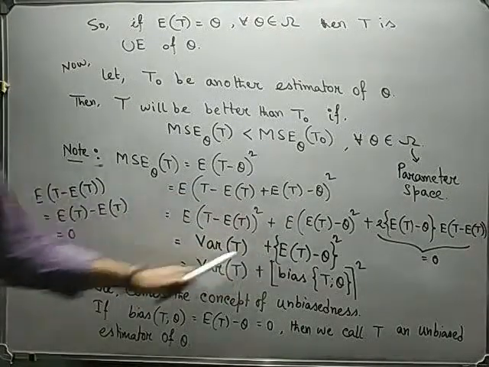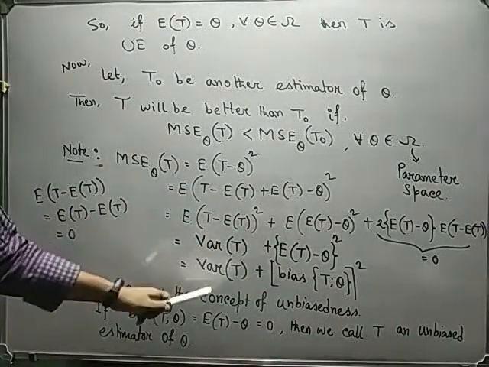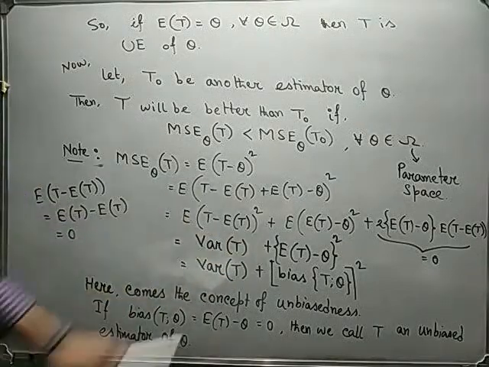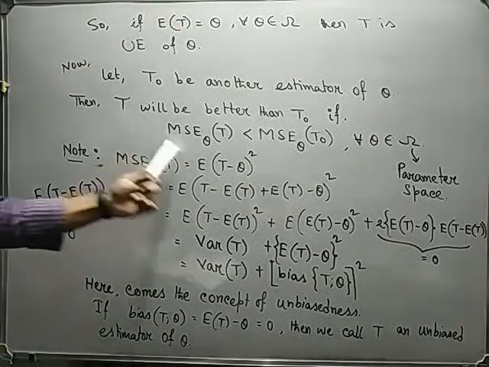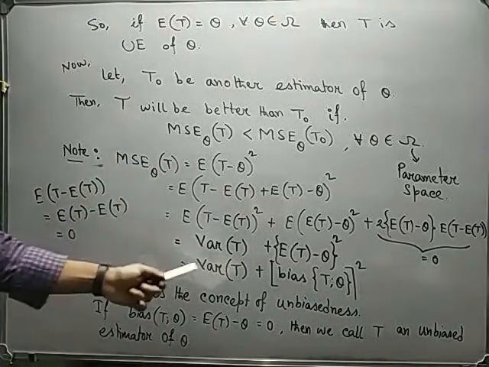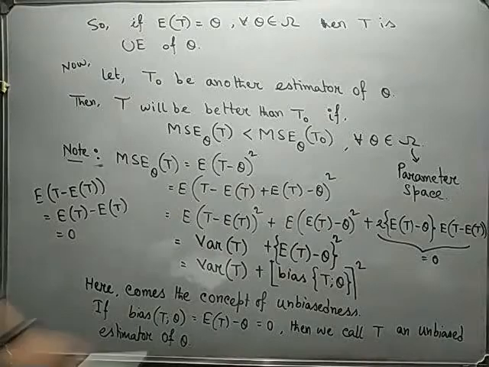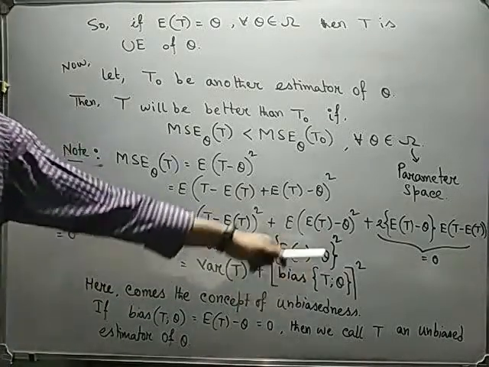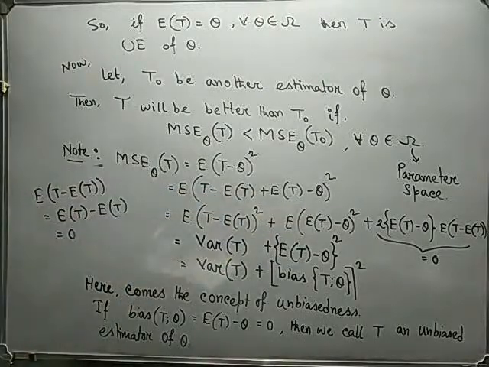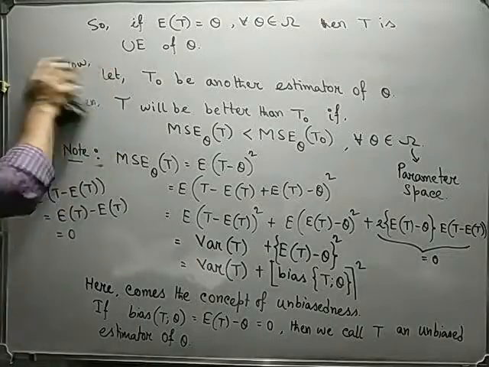So these two quantities are non-negative, and the smallest value of each is exactly 0. So MSE will be smallest when it equals 0, meaning variance of T is 0 and bias of T squared is 0. But these two cannot occur together in practical sense.